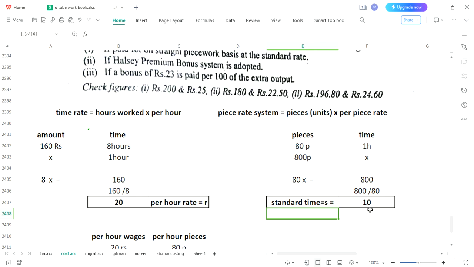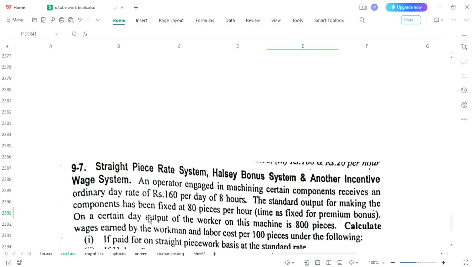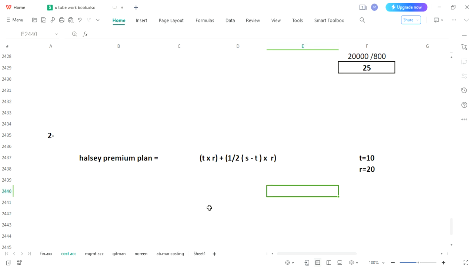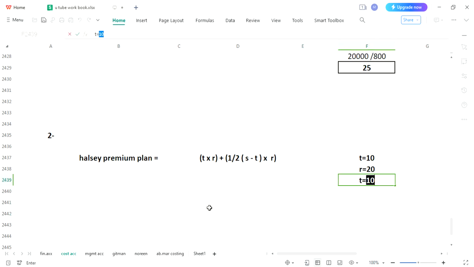So it was your standard time S, and time taken is written over here, ordinary day of 160 per 8 hours. So he had taken 8 hours. So it means time taken would be 8 hours, and this is your standard time. Typographically it was exchanged. So all three inputs are here.